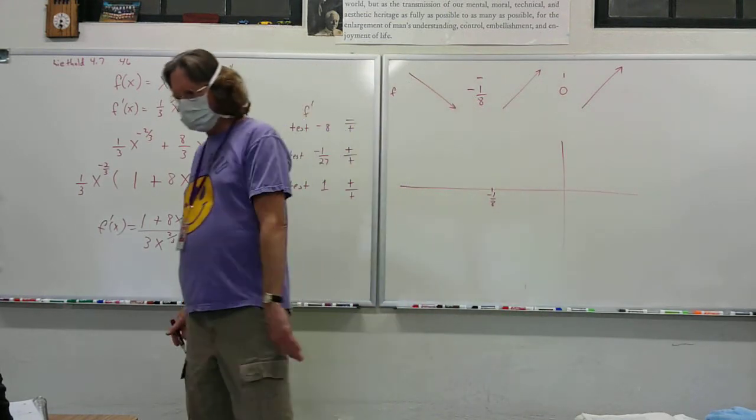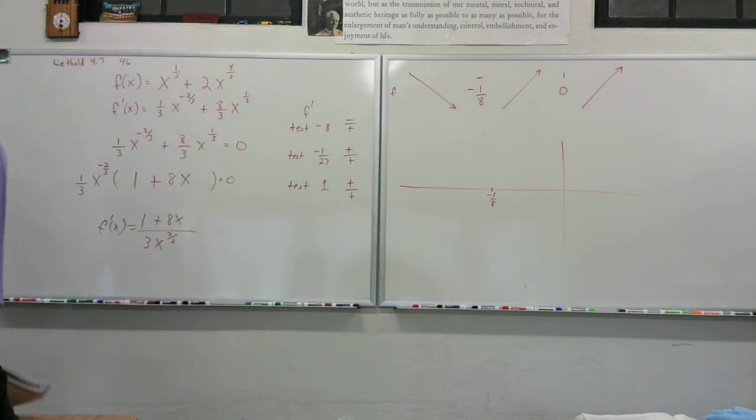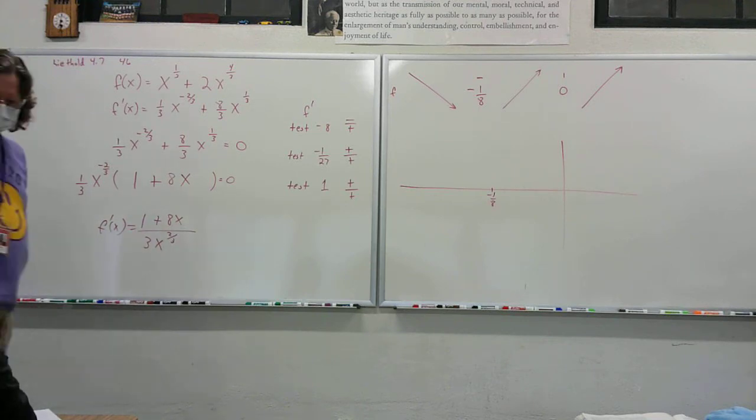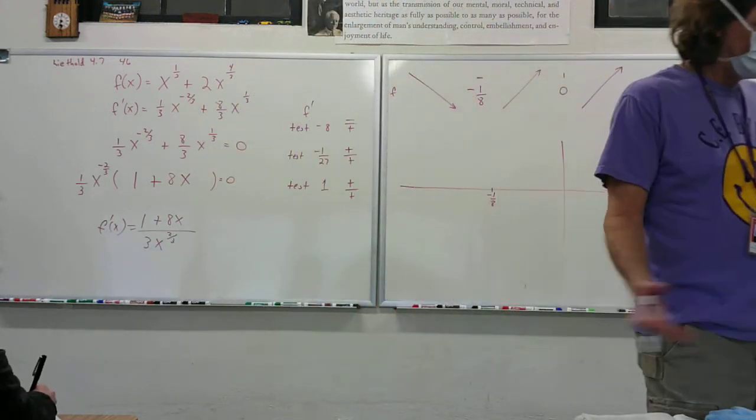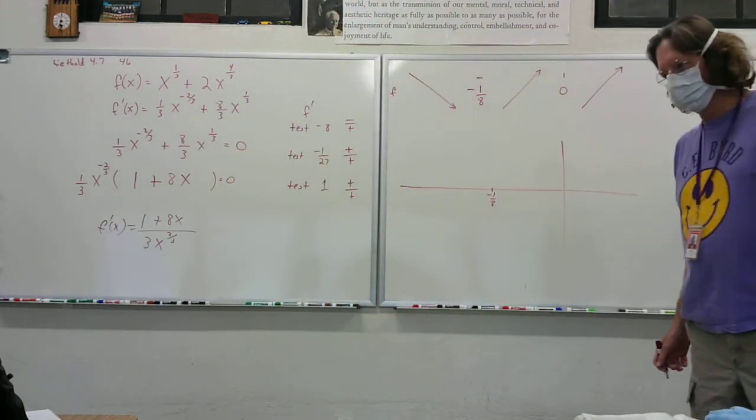Turn to a blank page. For y values, go to the original. Write that at the top of a blank page. For y values, go to the original y equals equation.